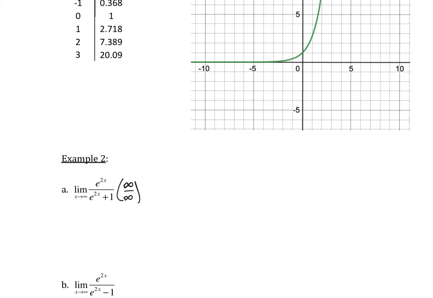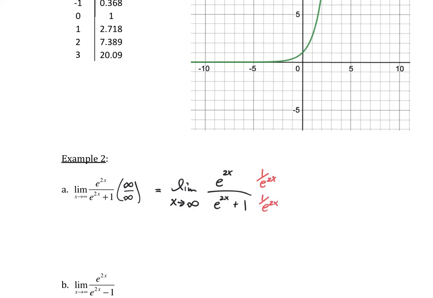So the way that we're going to calculate this limit is we're going to change the way it looks algebraically. We're going to multiply top and bottom by 1 over the highest term in the denominator. In this particular case, the highest term in the denominator is that e to the 2x. So we're going to multiply top and bottom by 1 over e to the 2x.